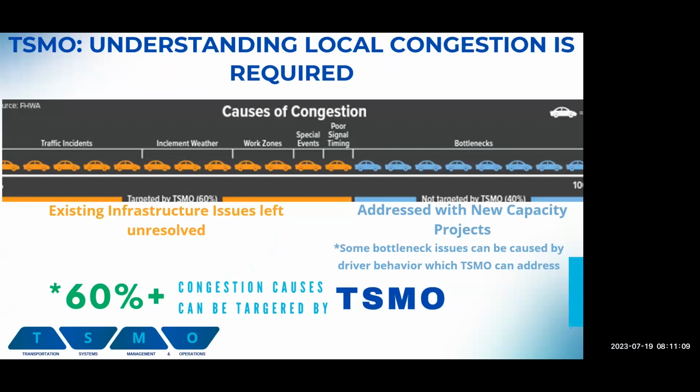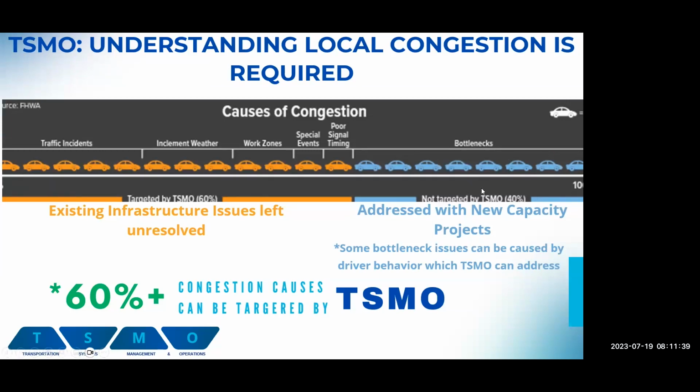Now, this graph attempts to give you a visual about the different factors that I just mentioned. Traditionally, this kind of holds for most areas, but you do need to look at the data for your specific location to figure out what the underlying causes of congestion are. If you look at everything in the light orange, those are the things that fall under the non-recurring congestion.